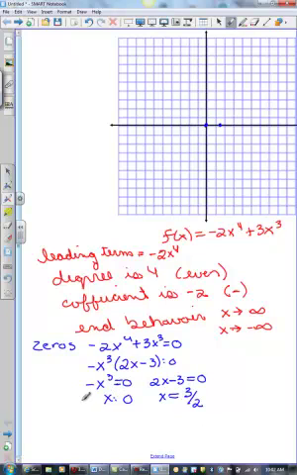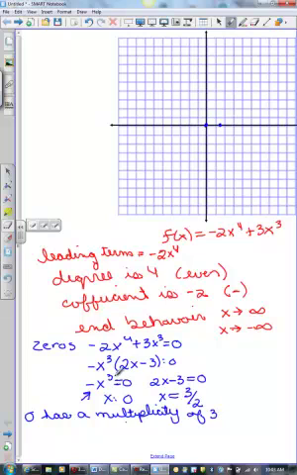Because this was a cubic, we can say that 0 has a multiplicity of 3.